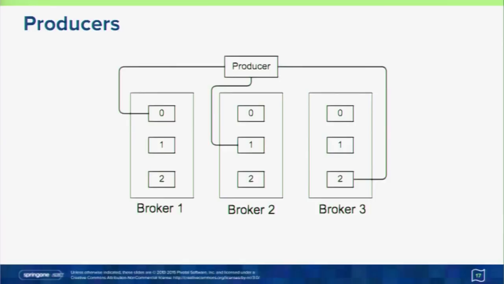So if you have 3 partitions with replication 3, then every single broker will be a leader for at least one of the partitions. So whenever the producer is writing to partition 0, it's going to write to broker 1, and whenever it's partition 1, it's going to write to broker 2, and so on. Obviously a very naive example, but if you can imagine tens of thousands of producers writing, you don't want them all writing to one broker, right?